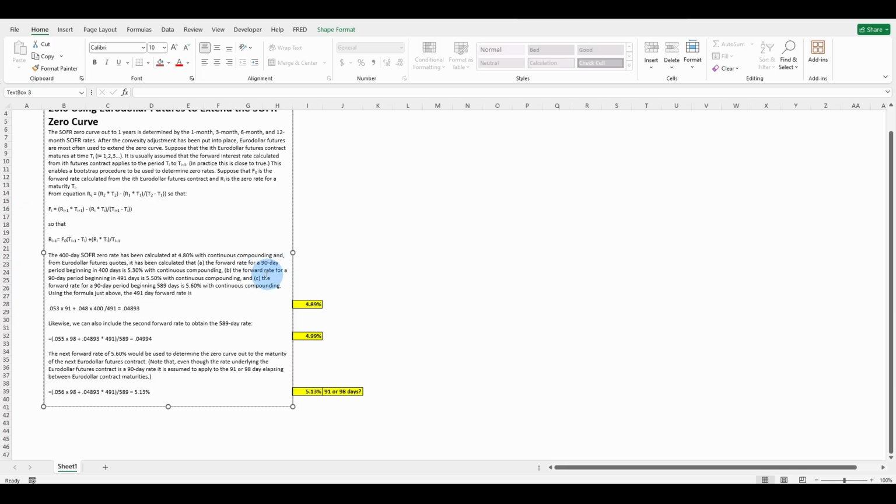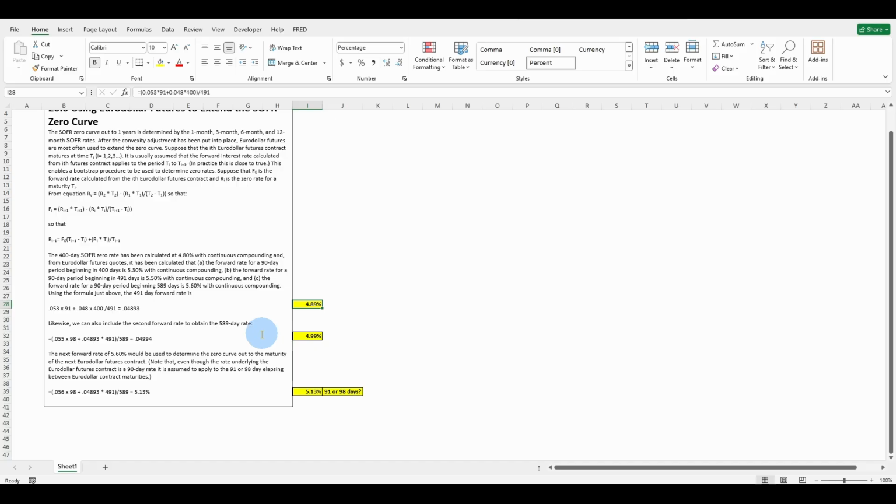The forward rate for a 90-day period beginning in 491 days is 5.5% with continuous compounding, and the forward rate for a 90-day period beginning in 589 days is 5.6%. Using the formula just above, the 491-day zero rate is 0.53 times 91 plus 0.048 times 400, divided by 491, which equals 0.4893. There's the formula.